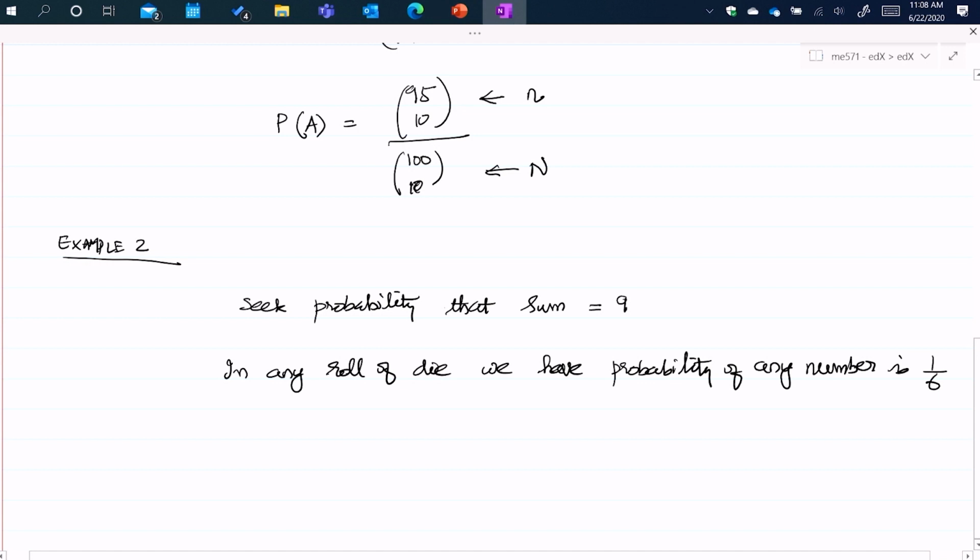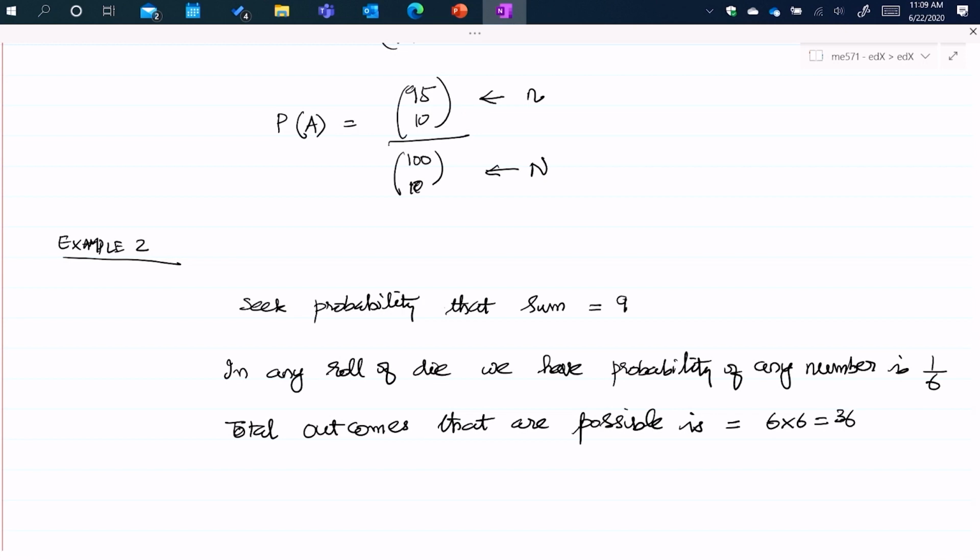So the total number of outcomes that are possible is 6 times 6, which is equal to 36. So those are all the total number of outcomes that are possible.